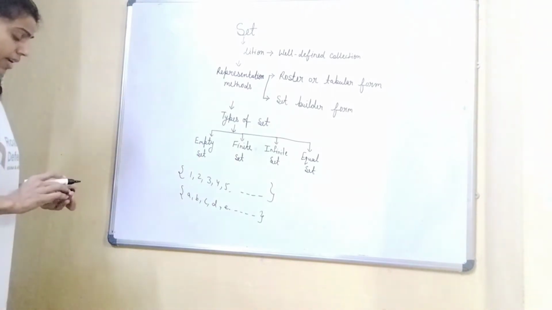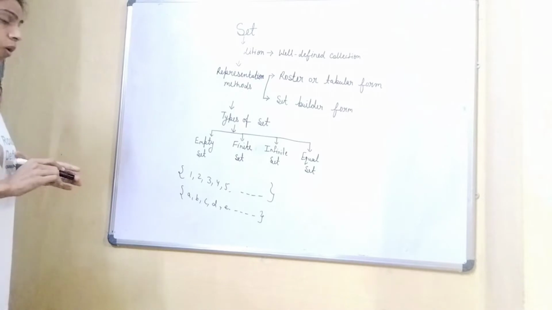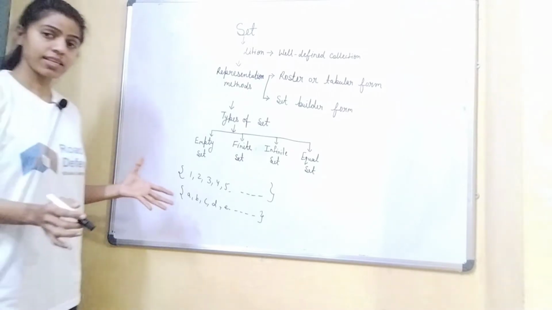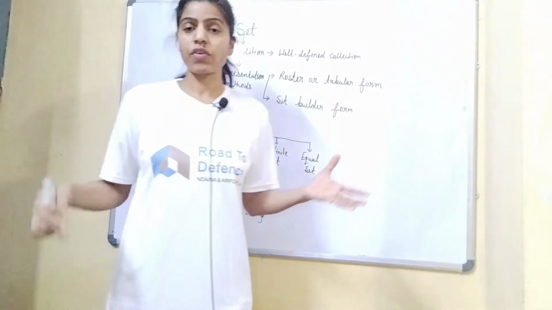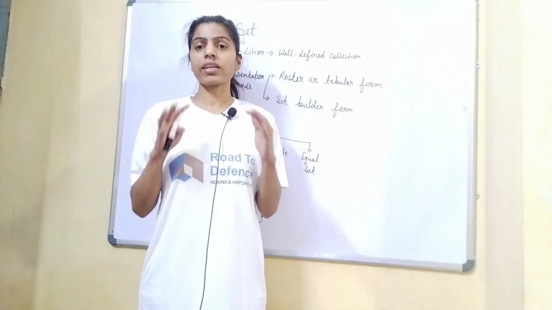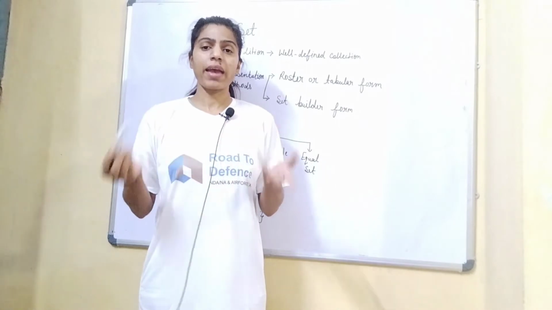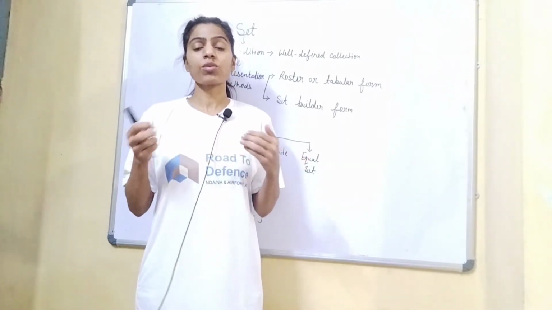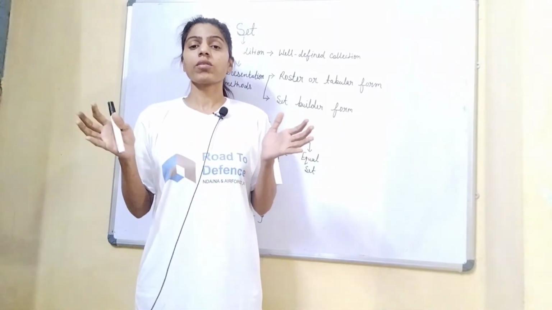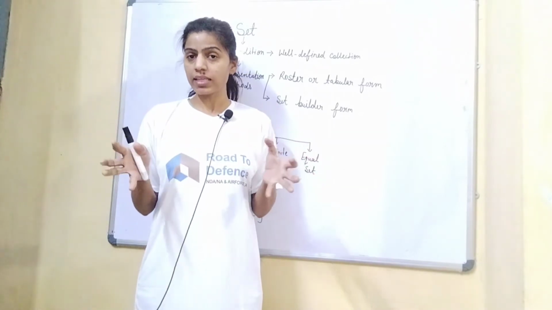But students, can we say that all collections are sets? In our daily life we have different kinds of objects, like pens, chairs, tables, everything. So are the collections of all these things sets?